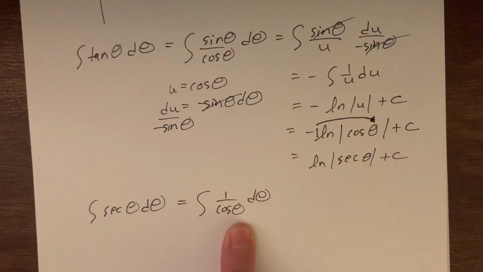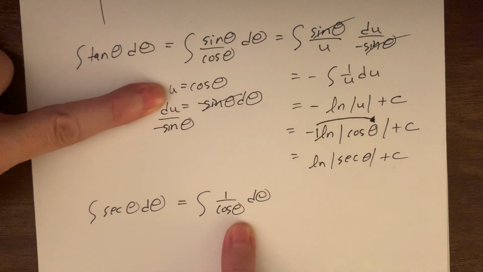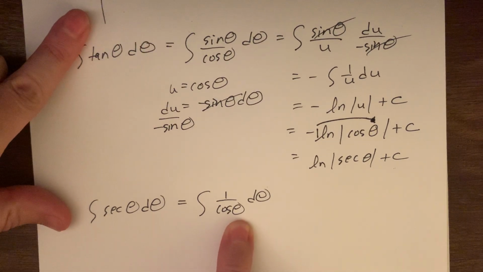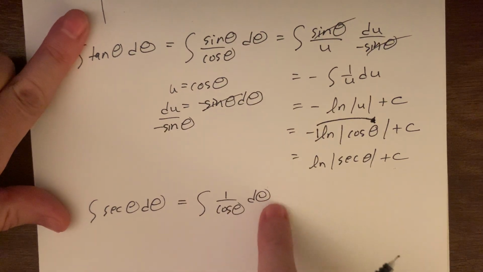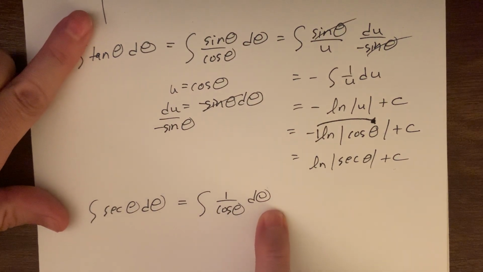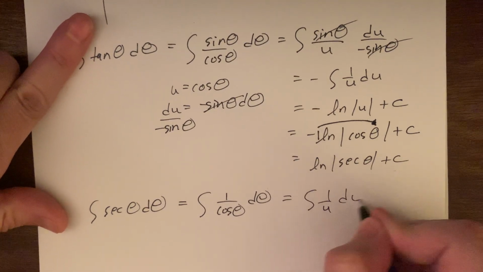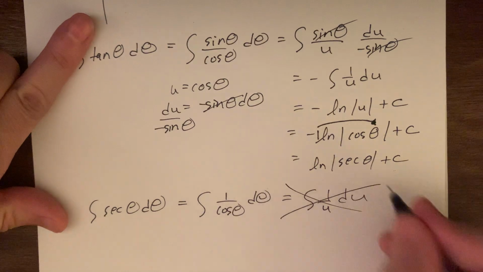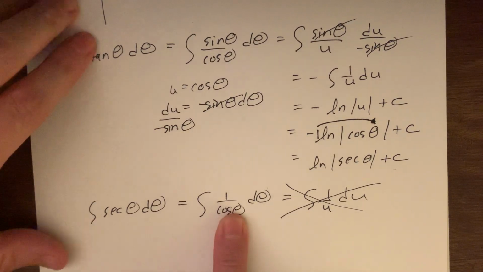And now people go, oh, okay, well, now we try u as cosine. It doesn't work, right? u is cosine, but then du gets the negative sign. This is where if people don't keep track of their extra notation, they just force it like it works, and then this becomes 1 over u, and they just stick the du in, but that is not correct. So it was a worthwhile try, but that u sub is not working.